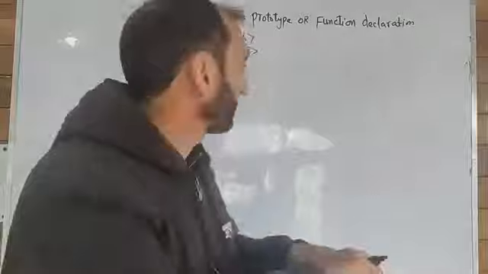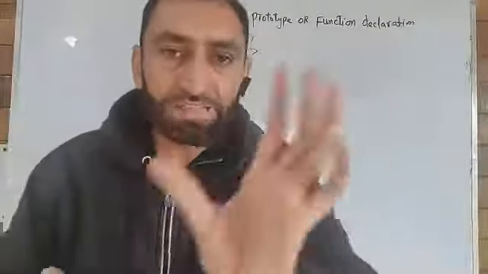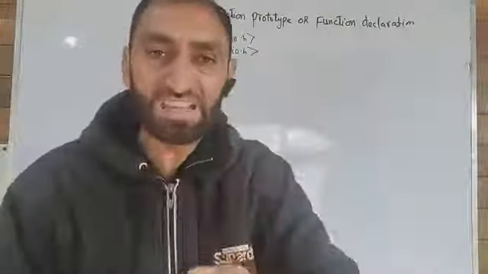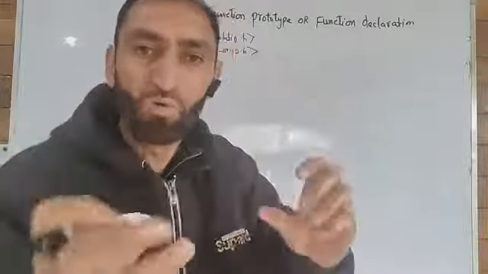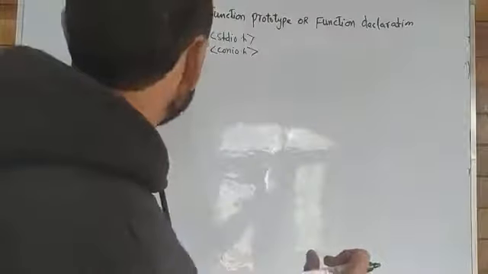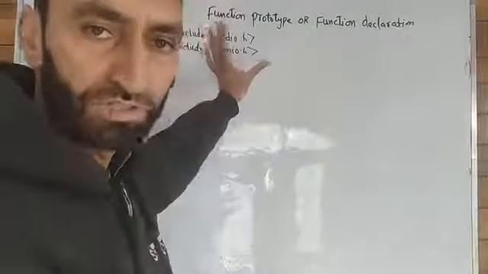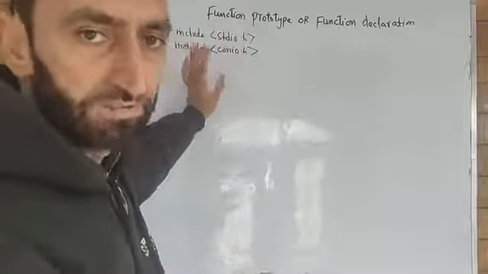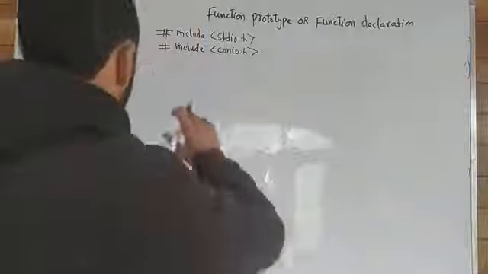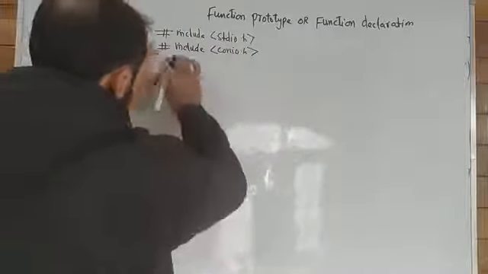Those functions are defined in these header files. For example, printf, scanf, getch. These are all the functions which are defined in these header files. So we should include these header files before using those functions. Otherwise, the program will show us an error.